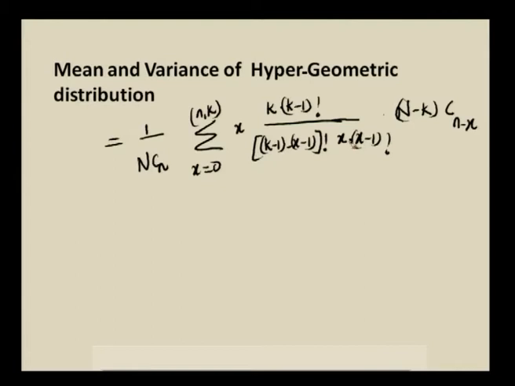Okay. All these were written so that x gets cancelled and k comes outside, and the remaining is (k minus 1) factorial, (k minus 1 minus (x minus 1)) factorial, (x minus 1) factorial.